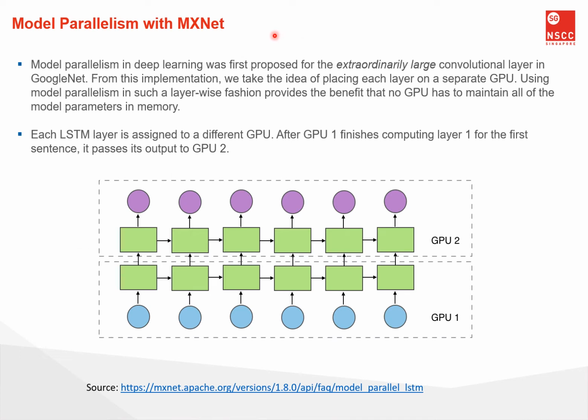So here's a case study of model parallelism using Apache MXNet. Model parallelism in deep learning was first proposed for an extraordinarily large CNN, or convolutional layer, in GoogleNet. From this implementation, we take the idea of placing each layer on a separate GPU. Using model parallelism in such a layer-wise fashion provides the benefit that no GPU has to maintain all of the model parameters in memory.